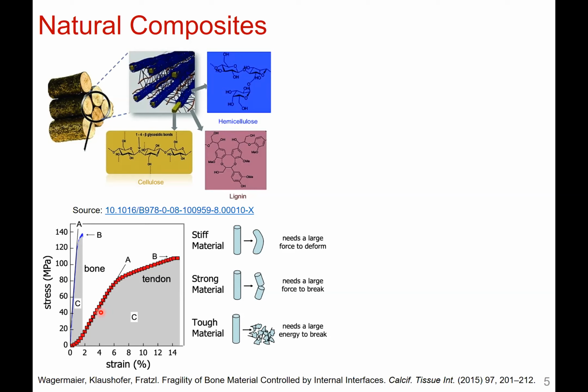Okay, here we go. So here the bone is much stiffer, and tendon has higher, greater ductility, right? And the combination of the two helps you be both tougher and stiffer, versus just having tendon versus just bone.